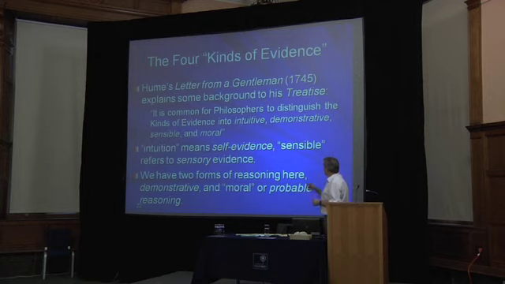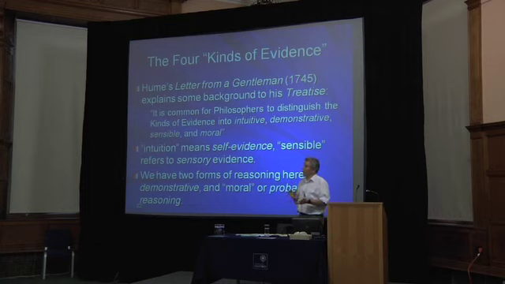Okay, a nice passage to put in here is from Hume's Letter from a Gentleman to his Friend in Edinburgh. This was written in 1745. It was written in response to a pamphlet that had come out saying Hume definitely should not be appointed to the new chair at Edinburgh because he's written this book, Treatise of Human Nature, which is full of infidel rubbish.